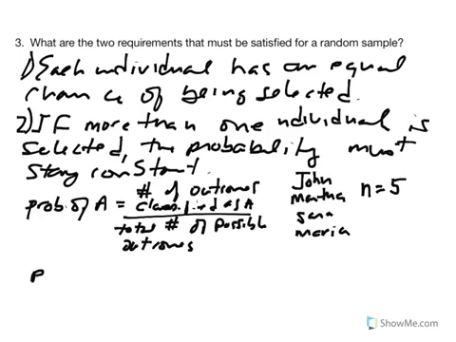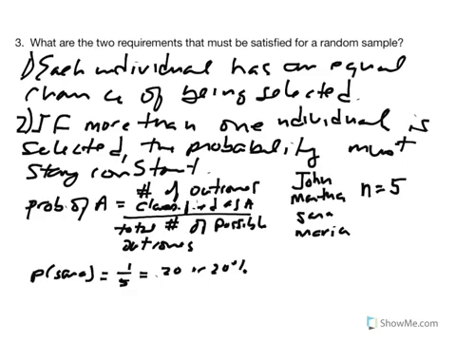How many Sarahs are there? Well, there's only one, over how many students there are that I'm selecting from. So she has 1 out of 5 chances of being selected, 0.2, or a 20% chance.